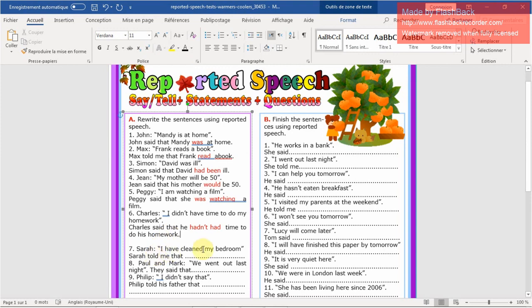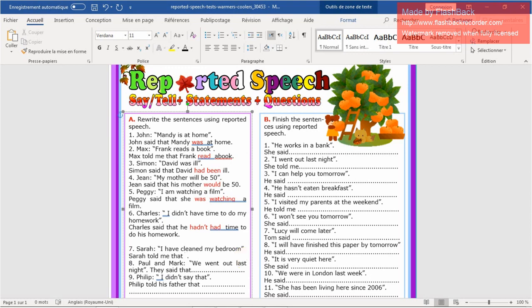I have cleaned my bedroom. So verb to clean in present perfect, and present perfect turns into past perfect. The form of the past perfect is had plus the past participle, and here the past participle of the verb to clean is cleaned. It means we change nothing. So we just change the auxiliary to have from the present to the past.